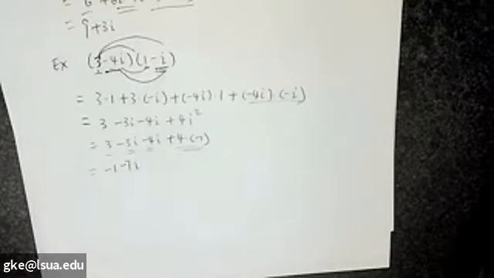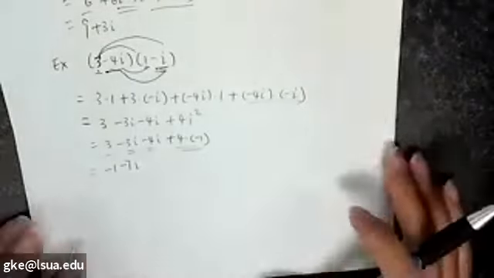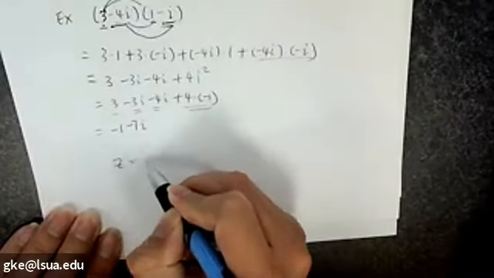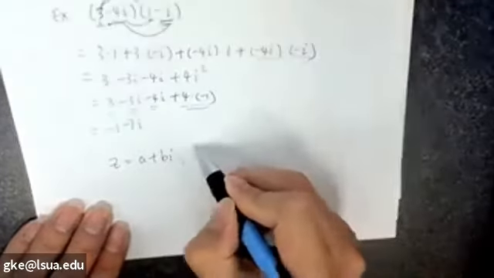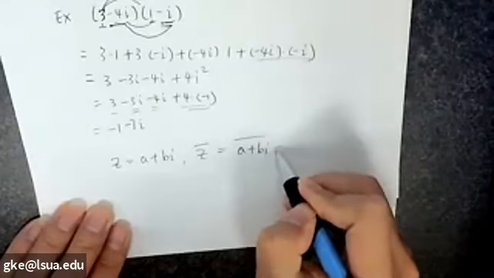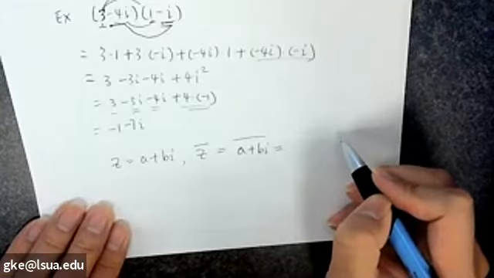We learned an important definition about what? Conjugates, right? So the definition of the conjugate is what? If I give you a plus bi, the conjugate is going to be what?